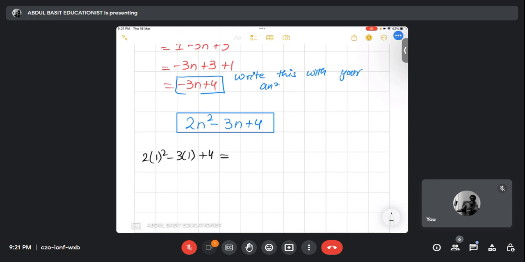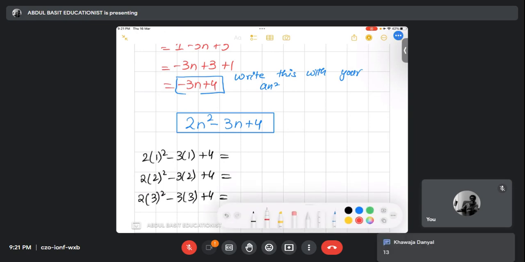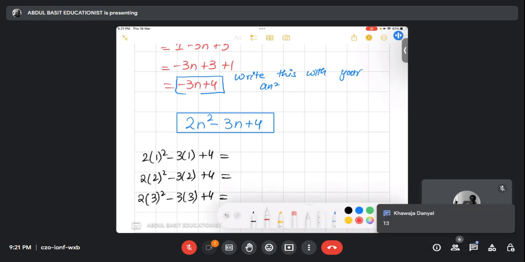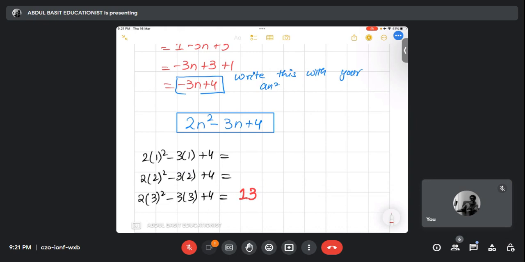देखेंगे क्या आ रहा है बेटा? 2 into 2 square minus 3 into 2 plus 4. 2 into 3 square minus 3 into 3 plus 4. Tell me, what are the answers? Okay, Daniel says it's 13.